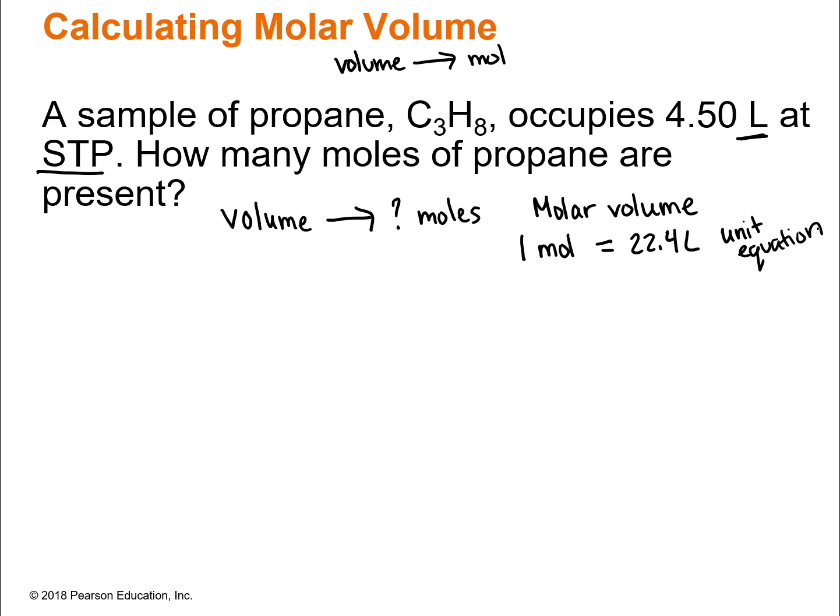And yes, I'm bringing back up that chapter 2 terminology because we're getting close to the end and you'll need to remember it for the final exam. If that's the unit equation, then we can write unit factors.